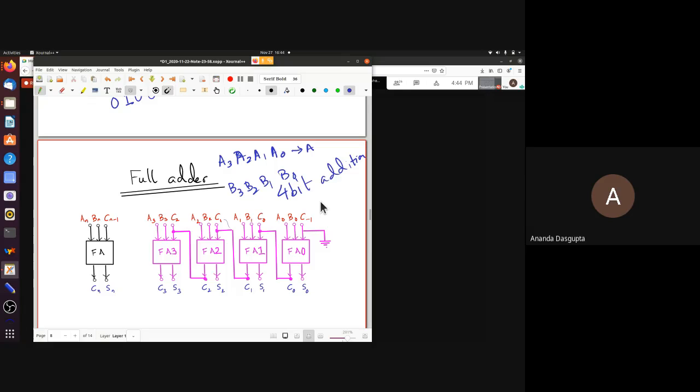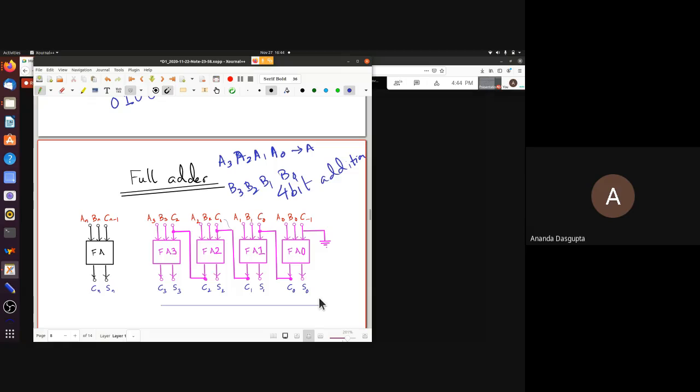And you just add the other 2: A0, B0 is added. Of course, you're actually adding A0, B0 and C-1, where C-1 is just set to 0. So you get an S0 and a C0. But C0 is now fed into the next full adder. A1, B1, C0 adds to give you S1 and C1. The carry goes here and so on. So this is how the thing works out.